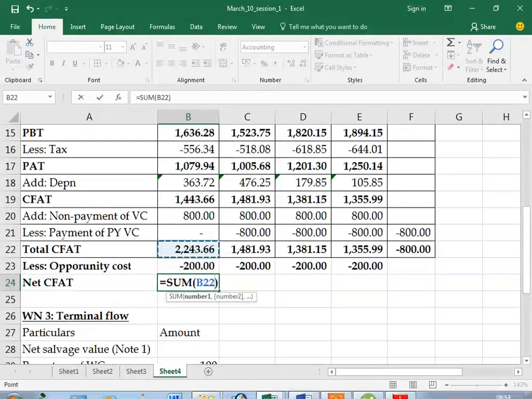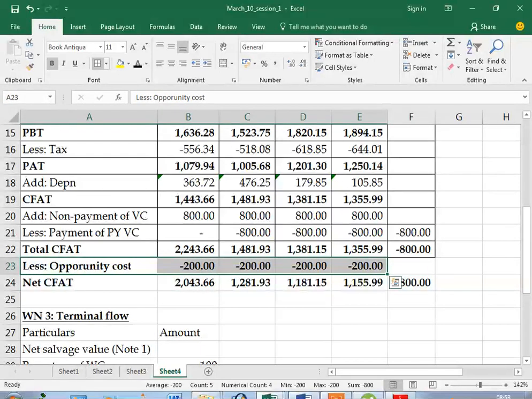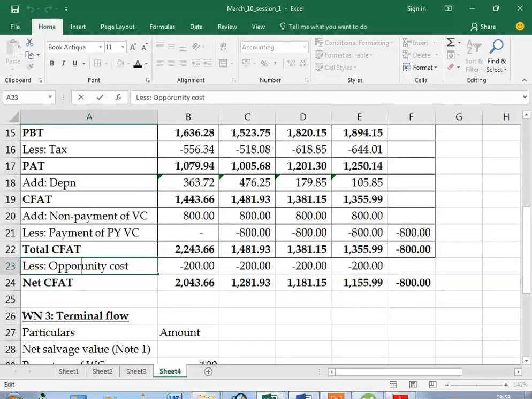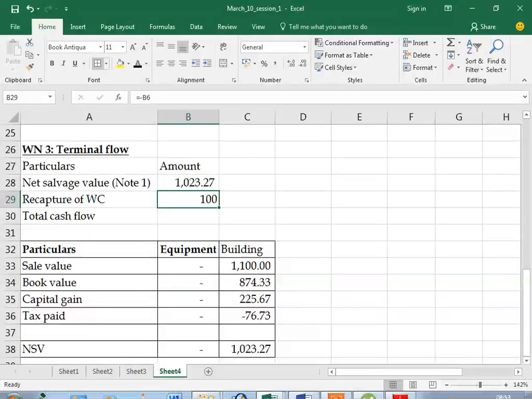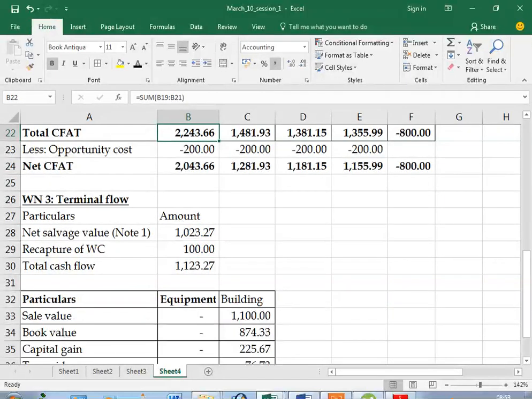And my net CFAT is this. Yeah, fifth year only negative. Only negative is there.